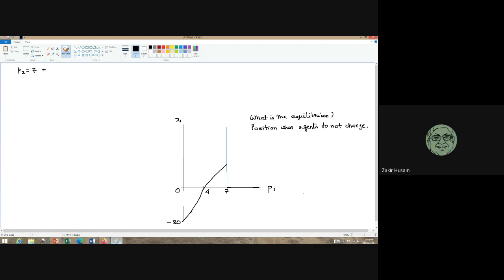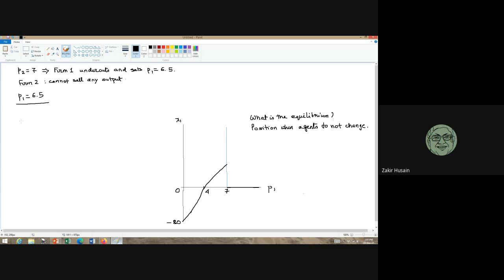So P2 is 7, and firm 1 sets P1 equal to, let us say, 6.5. So what will happen is firm 2 cannot sell anything. How will he react? Now what has happened is P1 is equal to 6.5.